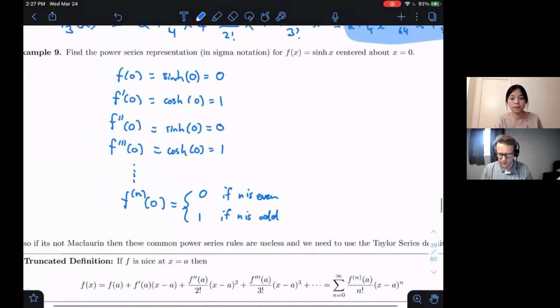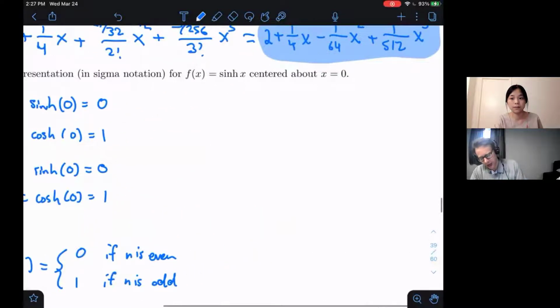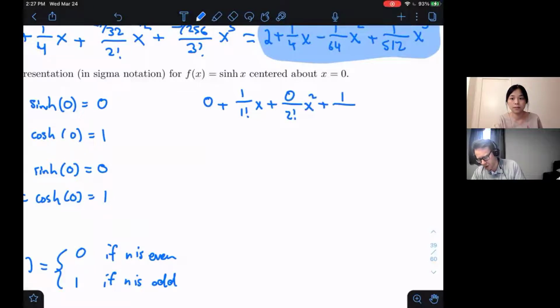So we're going to have 0 plus 1 over 1 factorial times x, plus 0 over 2 factorial x squared, plus 1 over 3 factorial times x cubed.